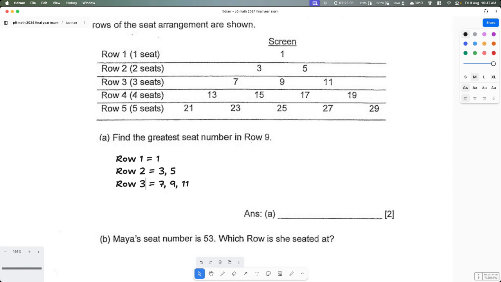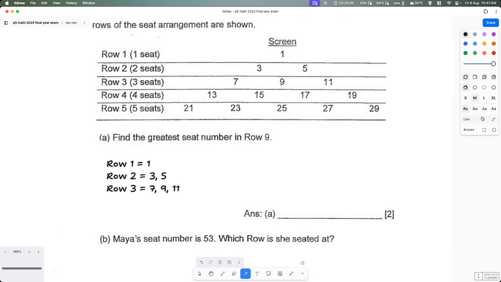Okay. So the very obvious one is that each increment in each row is plus 2. So you have plus 2, plus 2. We know that anything in the row is just plus 2 from the starting number.